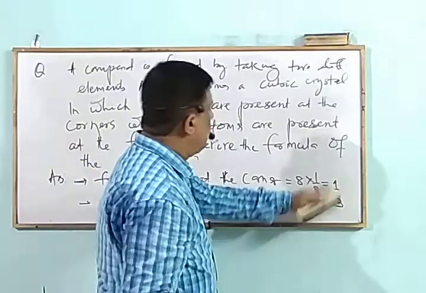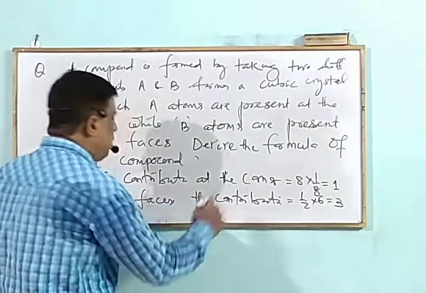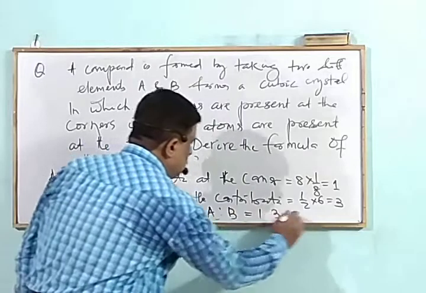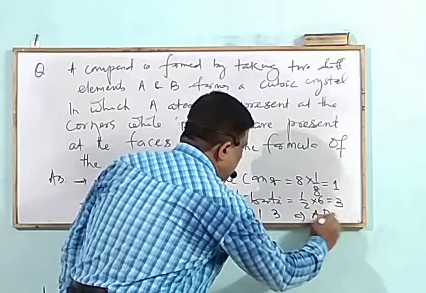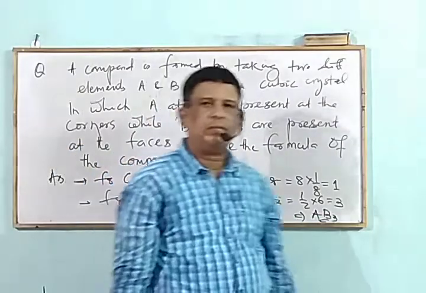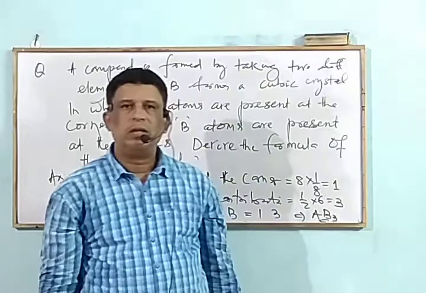So that is the ratio between atoms A and B. The ratio between atoms A and B is equal to 1:3. That indicates that the formula of the compound is AB3. It is a 2-mark question.